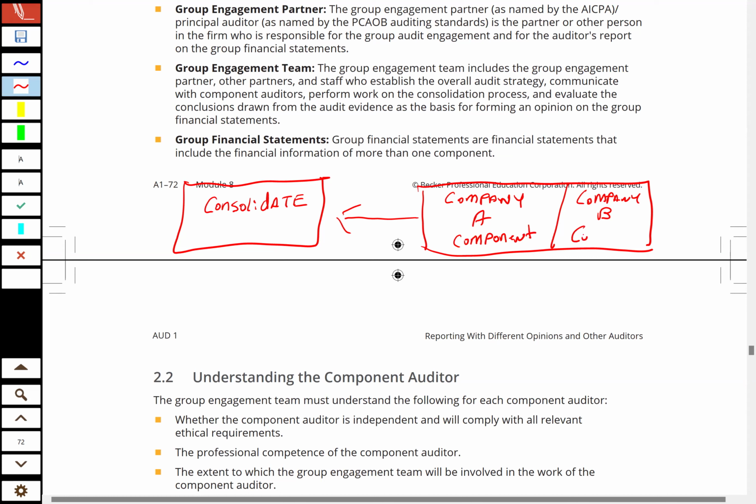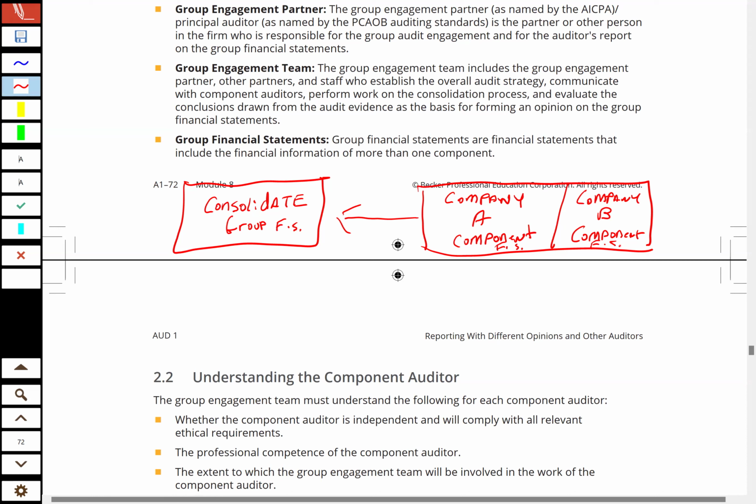Company B would be considered a component. Okay, and the consolidated statements would be considered group financial statements. Okay, so we'd have component financial statements, and the company would consolidate those into consolidated or group financial statements.